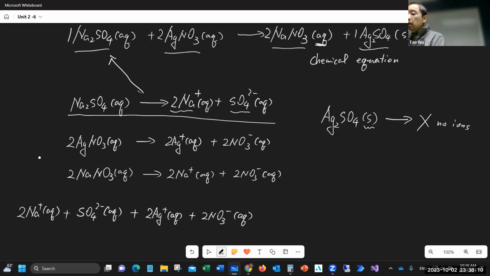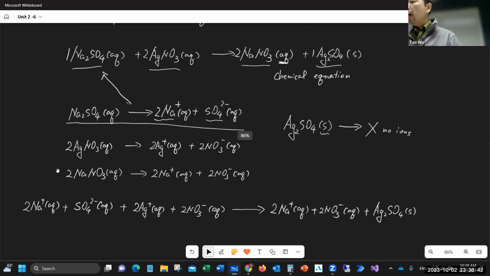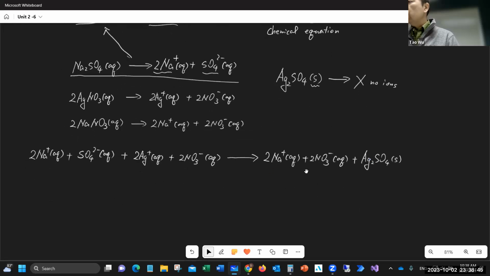Now this is what we have in the reactants. Then we can write what we have for the products. The products have 2 moles of sodium ions plus 2 moles of nitrate ions, and then plus the silver sulfate, and this is a solid. You may ask why I am not separating the silver sulfate.